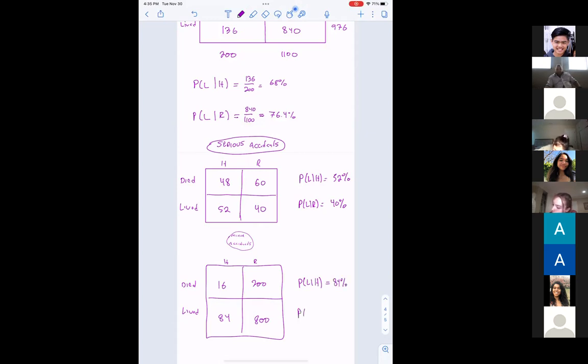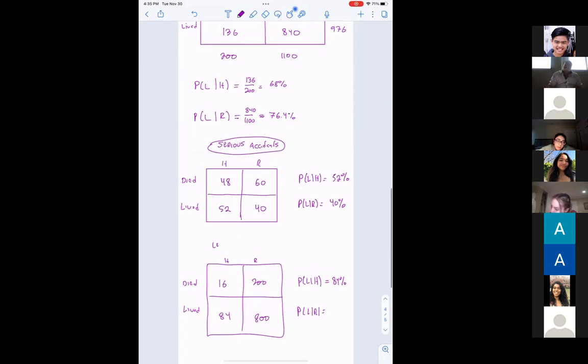And what's the likelihood that you live by going by road for not so serious accidents? I don't want to call it minor, because if it was minor, nobody would ever die. Let's call it less serious accidents. So what would that be? 800 over 1,000, which is 80%.